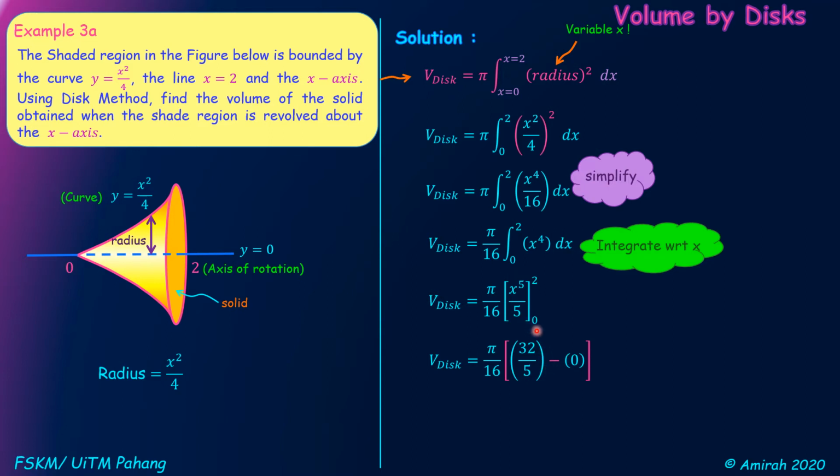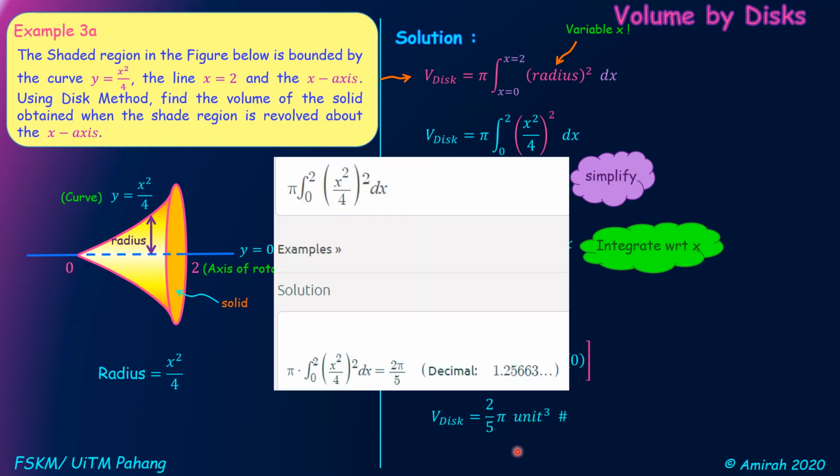After we replace 0 lower limit into variable x here, we get 0 here. Then we simplify, we get volume using this method equals to 2 over 5 pi, and then we must put unit cube. Right? So this is the final answer.